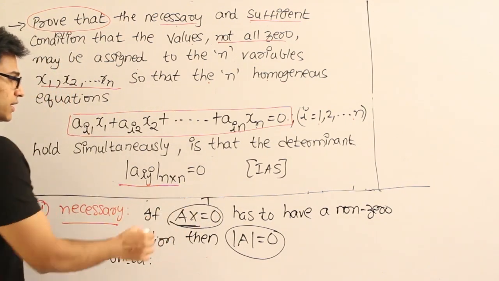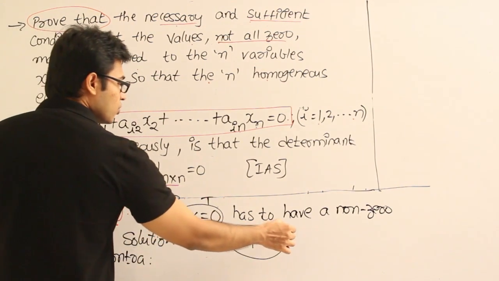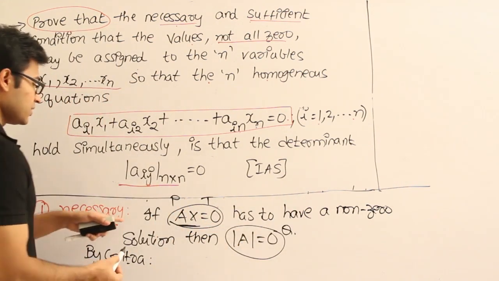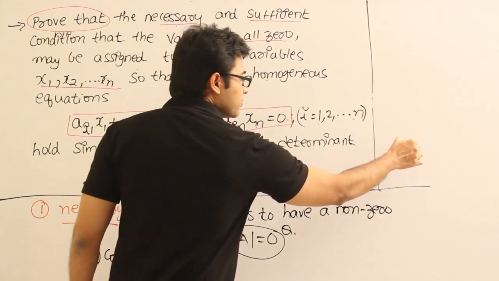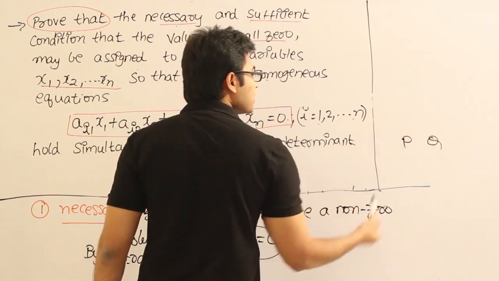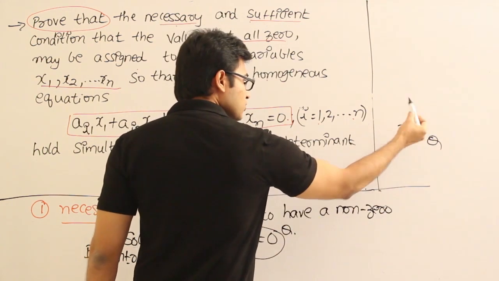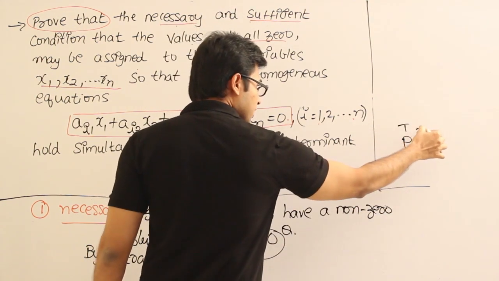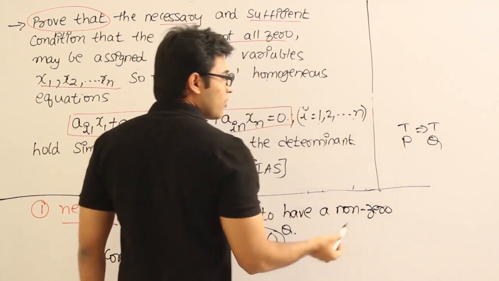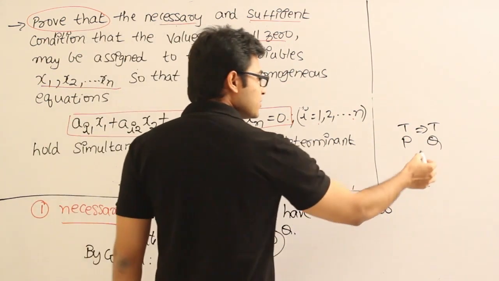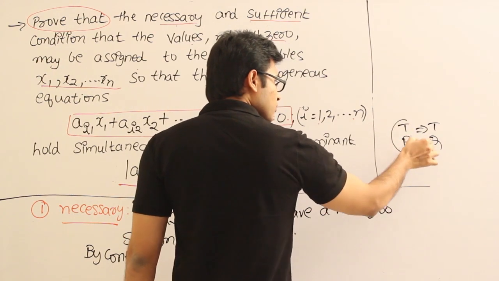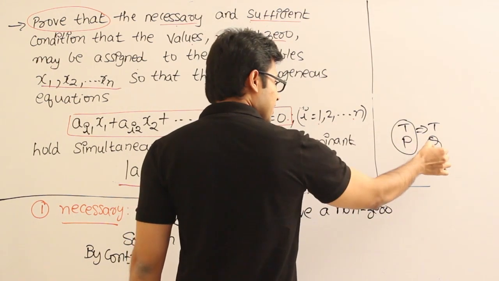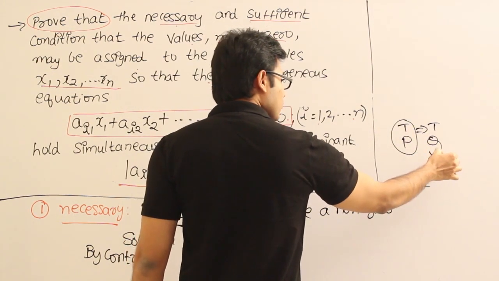See, earlier I told you, P and Q are given. Now how can I prove the necessary condition? Assume that P is true, and then we are supposed to derive that Q is true. Now what I will try to do is, I will assume that P is true, and then I'll derive that Q cannot be false.